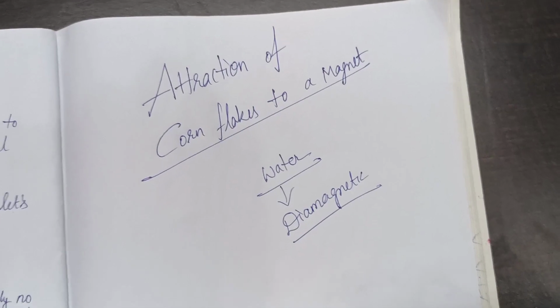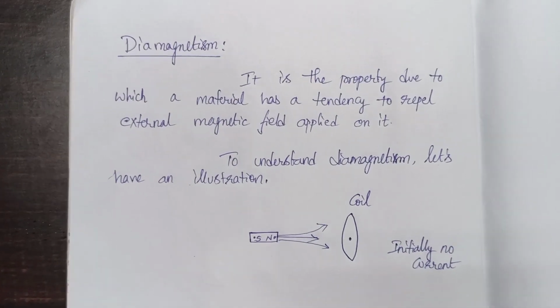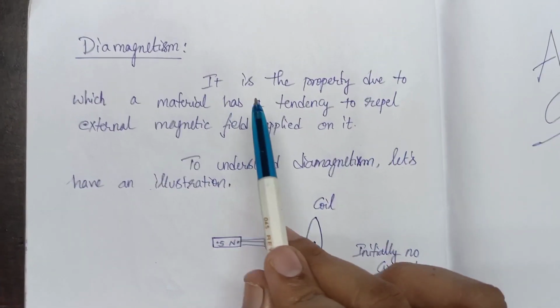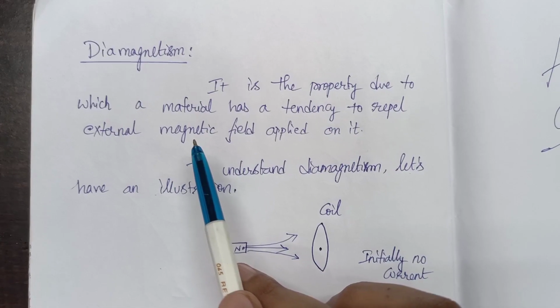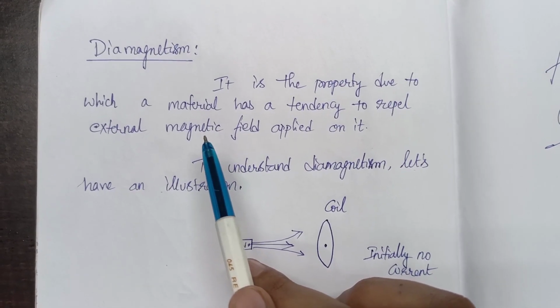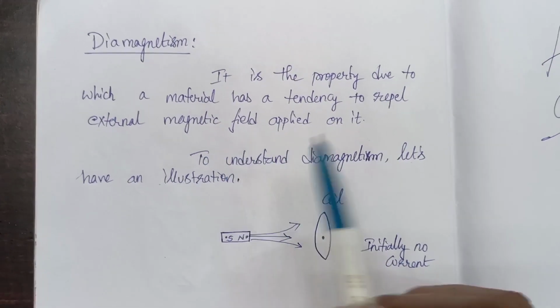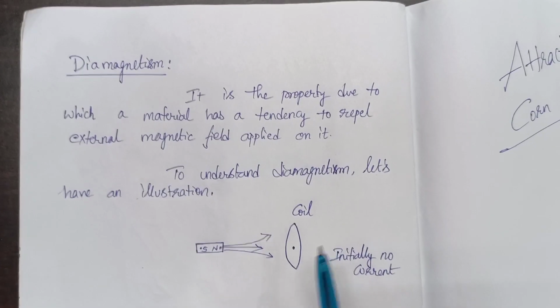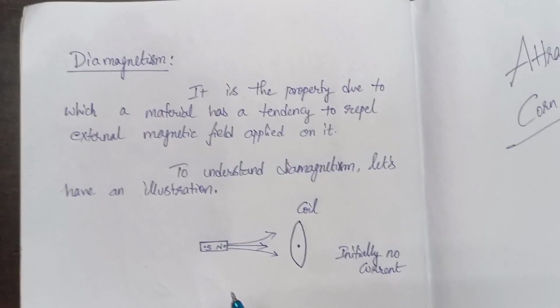So let's understand the property of diamagnetism. Diamagnetism is a property due to which a material has a tendency to repel the external magnetic field applied on it. Okay. So to understand this, let's have an illustration.